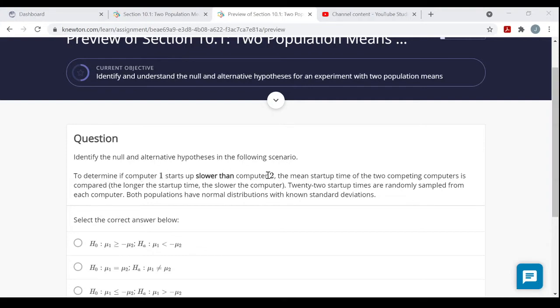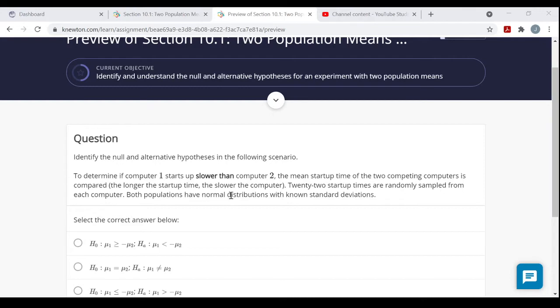So it's another one of them computer ones, just like the first video I did on this objective. To determine if computer 1 starts up slower than computer 2, the mean startup time of the two competing computers is compared, and the longer the startup time, the slower it is. 22 startup times are randomly sampled from each population, the two populations, all the computer 1s and computer 2s.